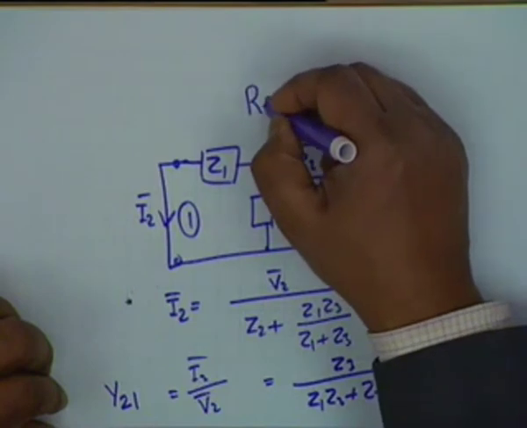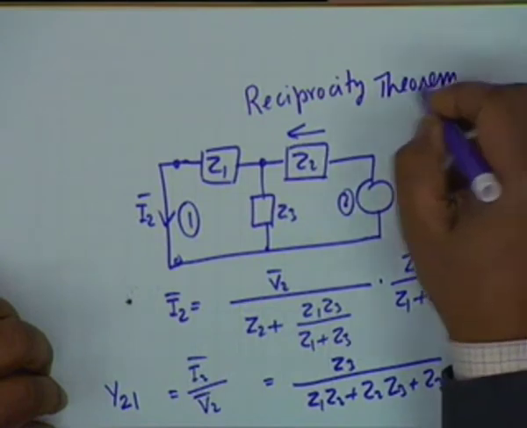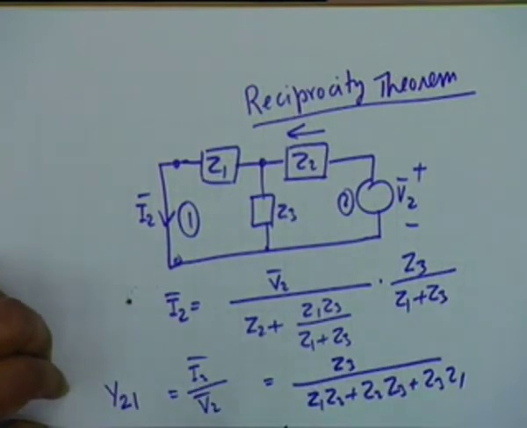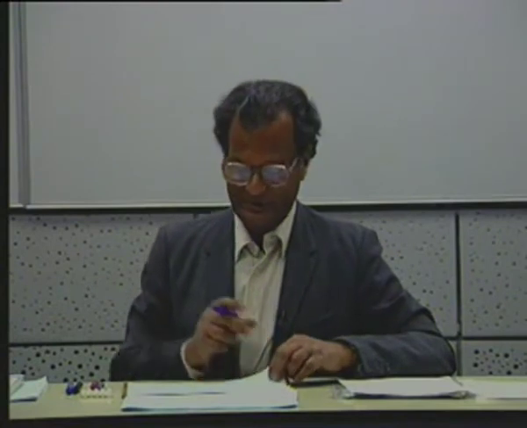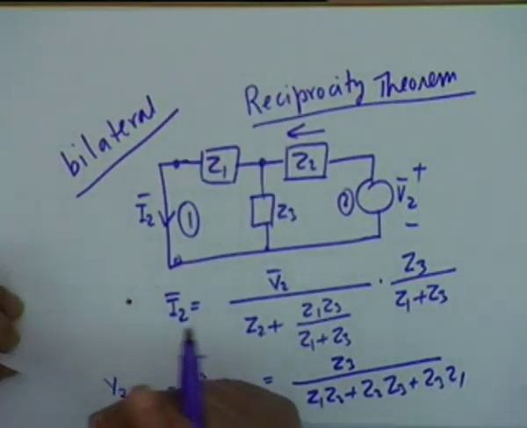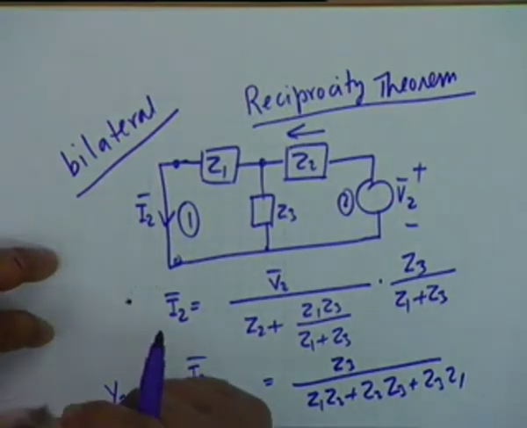called the theorem of reciprocity or reciprocity theorem. In general terms it simply means the following, that if there is a network which contains bilateral elements, let me introduce this term, bilateral, that is elements which conduct equally well in both directions. A resistance, it does not matter whether one end is positive or one end is negative.